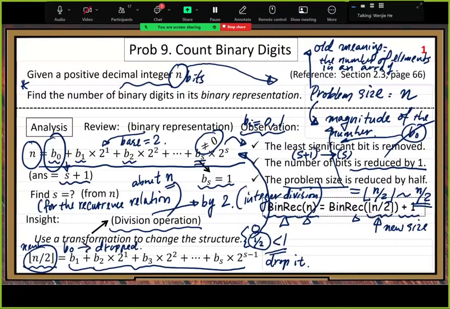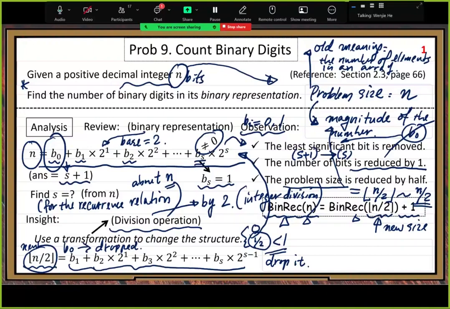So the next question is, we need to solve this recurrence relation, because this recurrence relation does not give us the final formula. The solution should be the final formula that is a function of n, a known function of n.